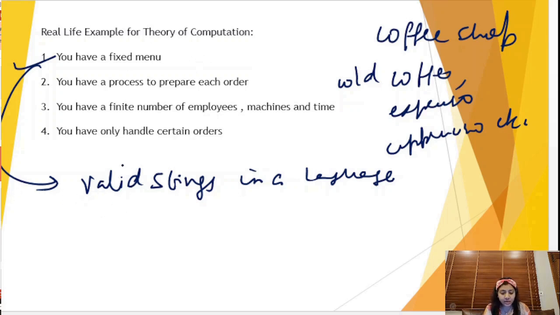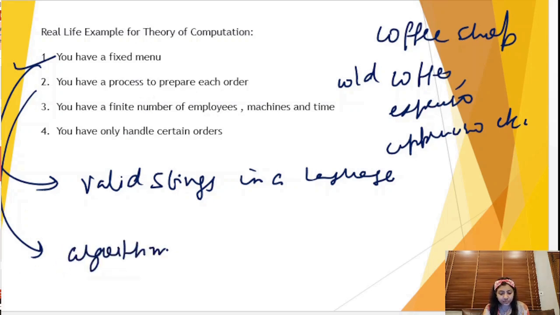And only certain combinations of coffee are allowed. Like if I place an order for something that is not in my fixed menu, then I cannot place an order for that kind of coffee. The second rule says that you have a process to prepare each order, right? This can be termed as the algorithm or the computation that we just talked about.